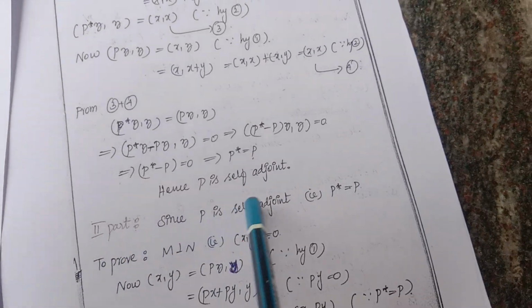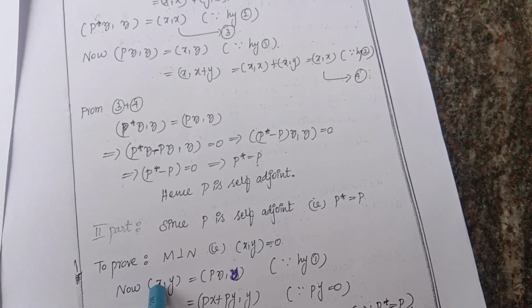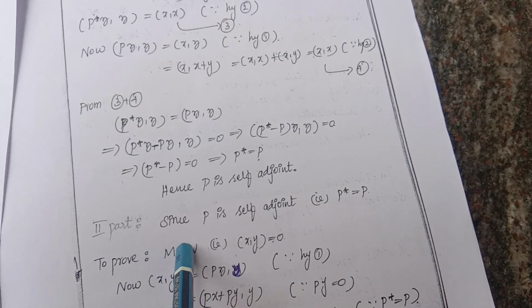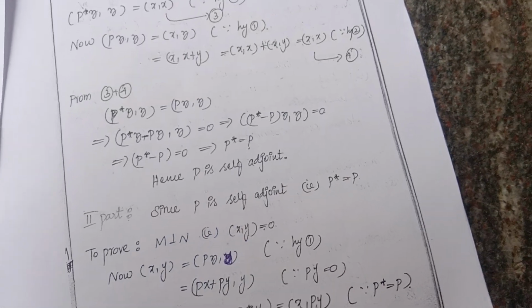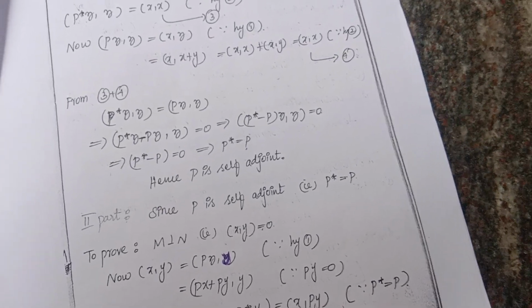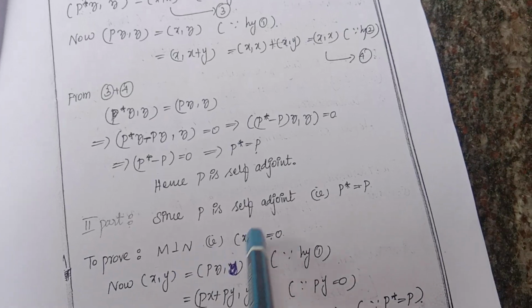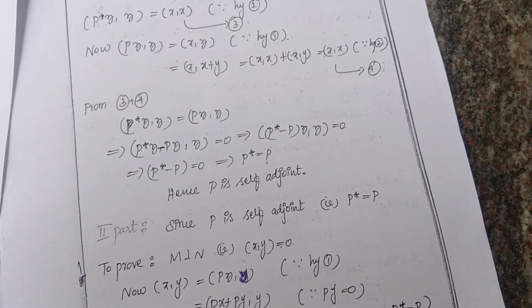Then we take P is self-adjoint, that is P star equal to P. We have to prove that M is orthogonal to N, that is (x, y) equal to 0.